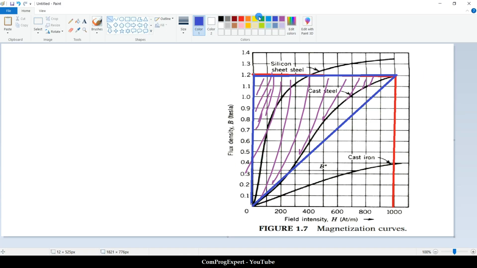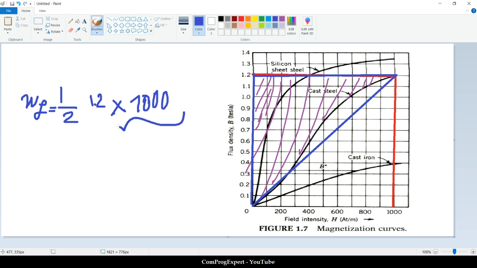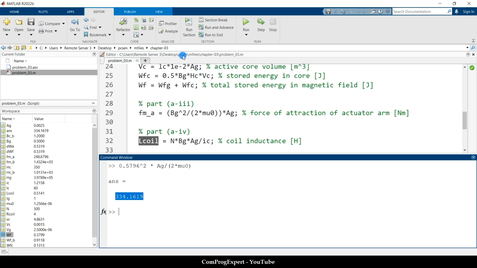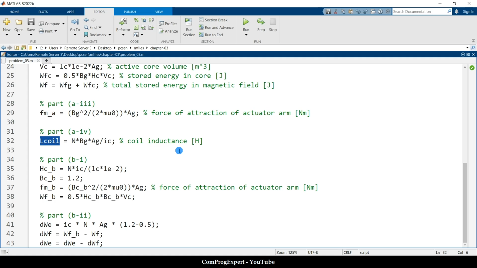So in this case, the energy density is equal to 1 divided by 2 times 1.2 Tesla times 1000 for the H. If you calculate this and multiply it by the volume of the core, you can calculate the stored energy.